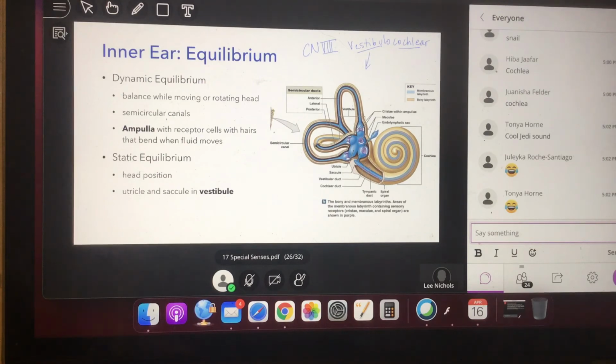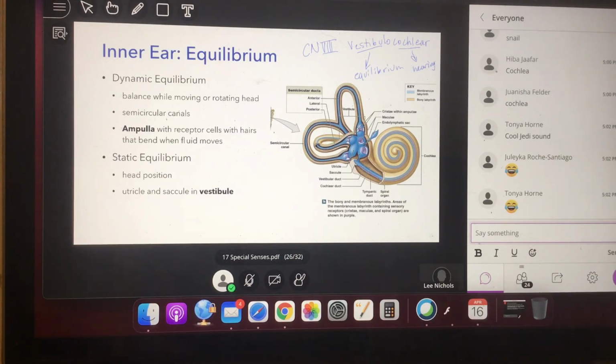The vestibulo part of the nerve is equilibrium. The cochlear part is for hearing sound. Okay, for auditory hearing.